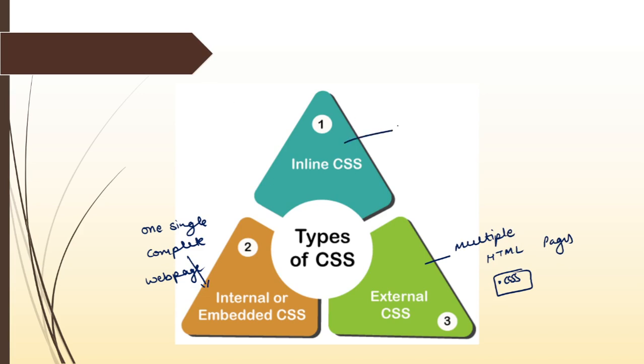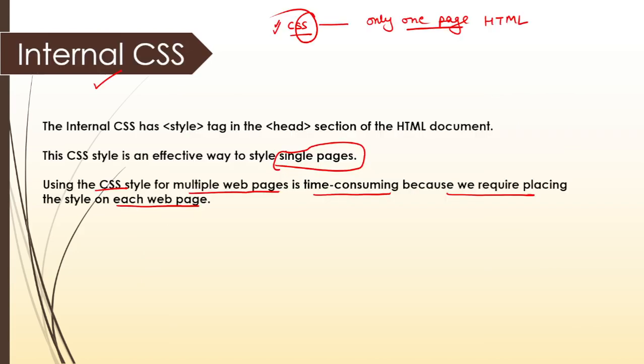And what inline cascading style sheet says is that we can use it along with one single line of HTML code, or we can say one single tag of any HTML page.